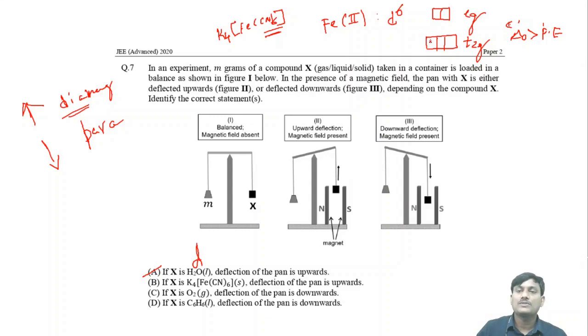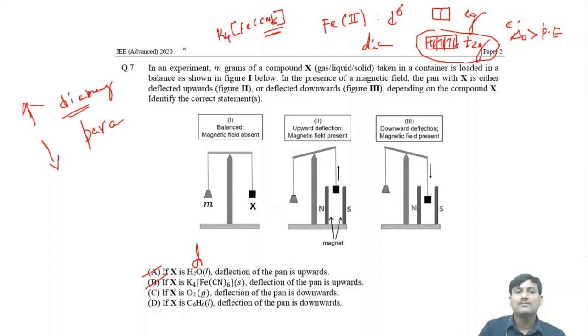The 6 electrons will be paired in the t2g level. So all the electrons are paired. Since all the electrons are paired, the substance is diamagnetic. So for a diamagnetic substance, the deflection of the pan is upward. This one is also correct. And if X is O2, the deflection of the pan is downwards.